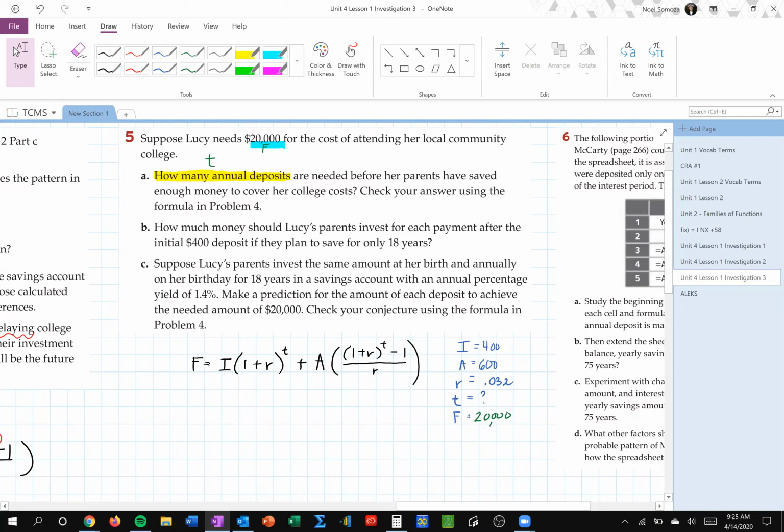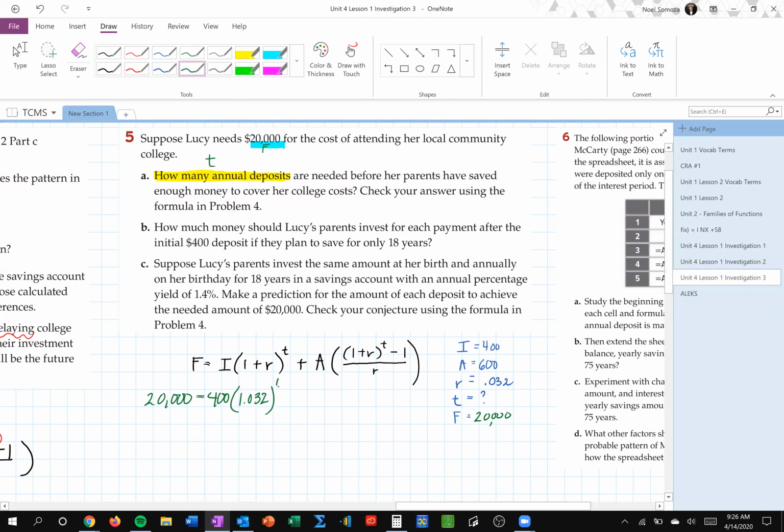All right, so let's plug everything in. And so here we go. We got 20,000 is equal to 400 times 1 plus the rate. The rate is 0.032, so I'm just going to write the full number here, which is 1.032.